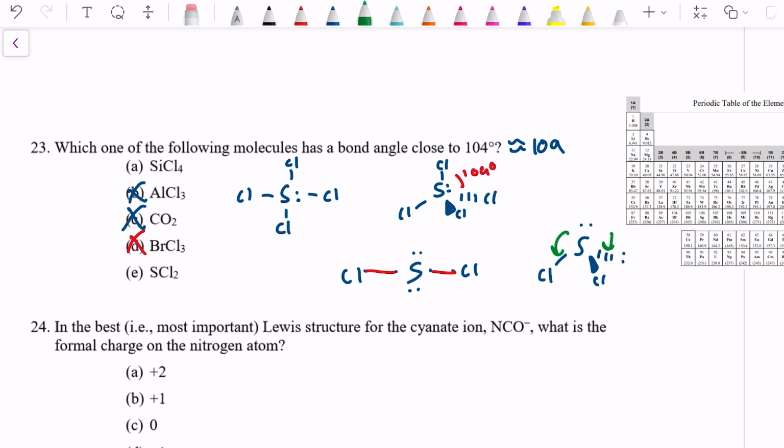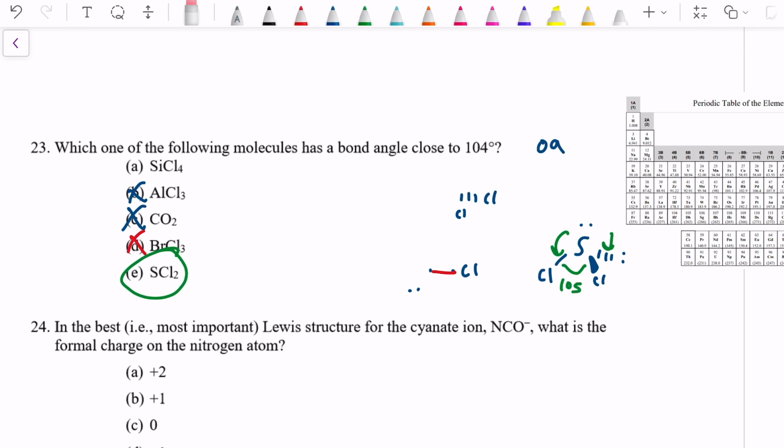So this chlorine bond angle, originally you'd expect it to be about 109, is going to be down to closer to 105. These lone pairs are pushing in the chlorine atoms. So sulfur dichloride is going to have closer to 104 degrees.